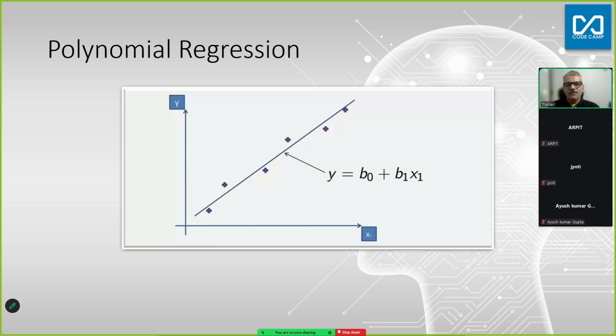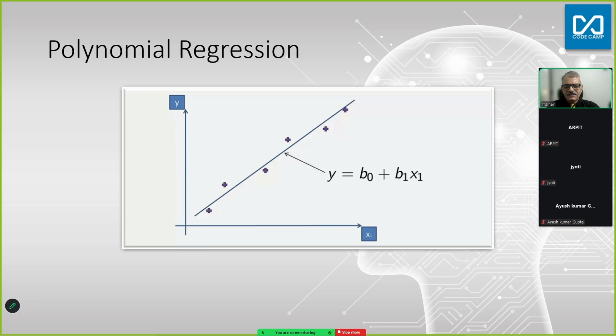You can find a fit line, the regression line, using the formula y equals b0 plus b1 x1. This is the case of simple linear regression, so this line fits the data.